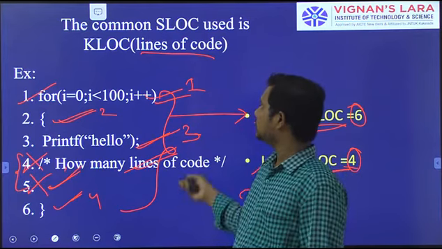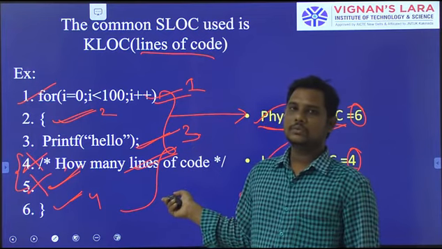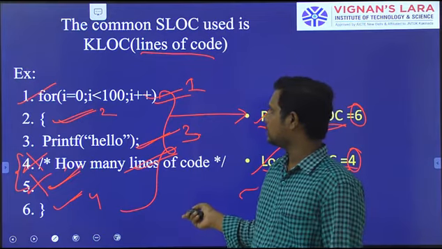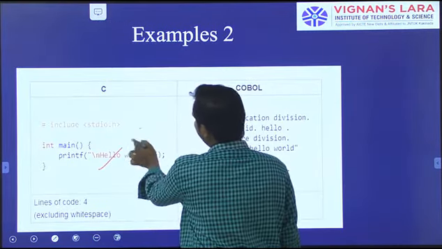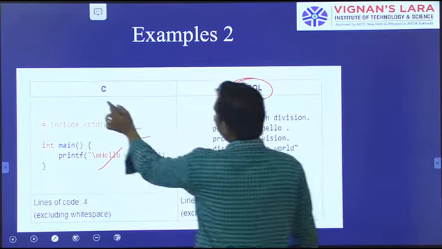Okay. So this is an example of SLOC estimation, source lines of code estimation. One more example. Here we are using C language and COBOL language.